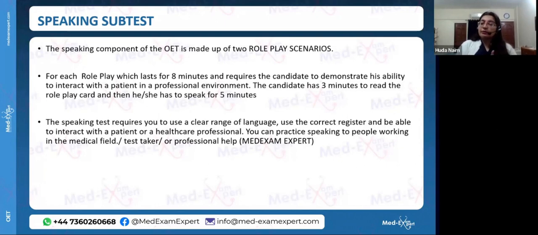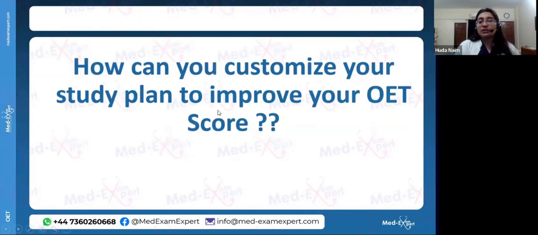Okay, now another question that we get asked all the time is about how to prepare, how to customize the preparation. Because if you're reading on different forums, there are a lot of tips and preparation techniques given on the internet, and everybody would like to customize and improve their study plan.